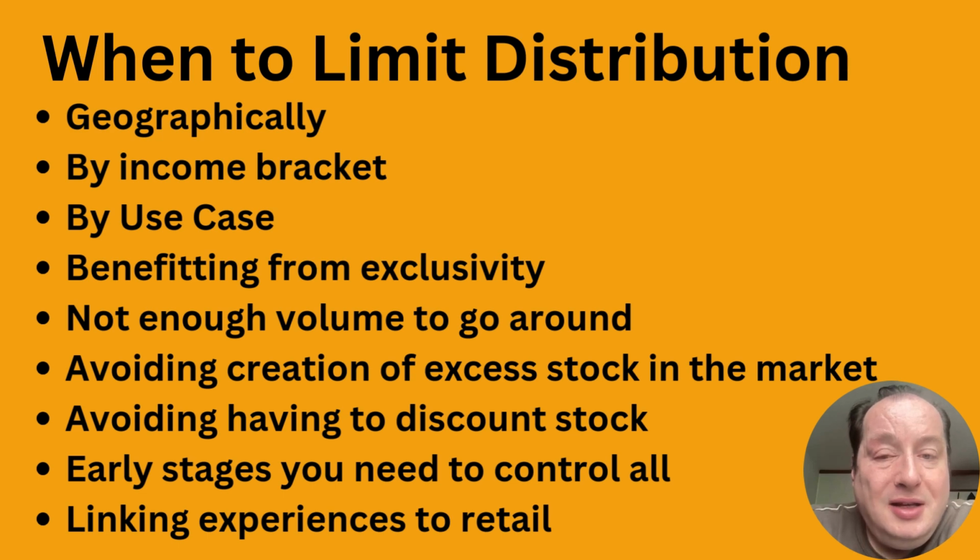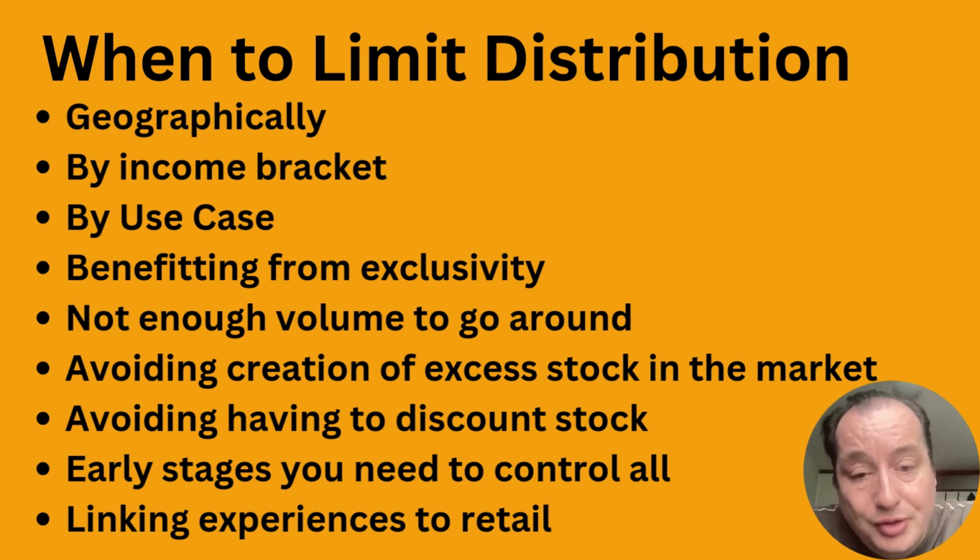If you do it to all four, then maybe you have to divide the volume by four, and the four stores have very little turnover, while you could concentrate it all in one store where you actually get decent support and maybe are not thrown out. That is worth considering as well. So you benefit from exclusivity, but you are basing it on not enough volume to go around to all the stores.